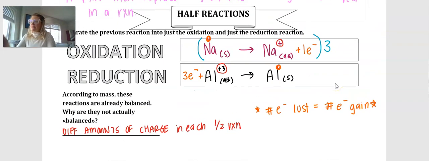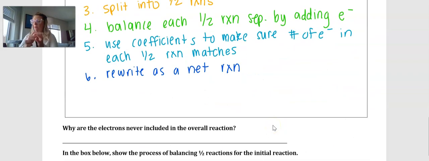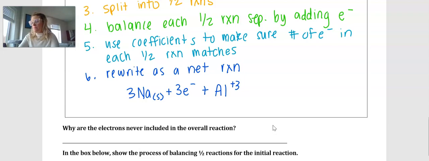On the reactant side, we have 3 sodiums, 3 electrons, and 1 aluminum plus 3. So let's go ahead and write that out. We have 3 Na solid plus 3 electrons plus Al plus 3.